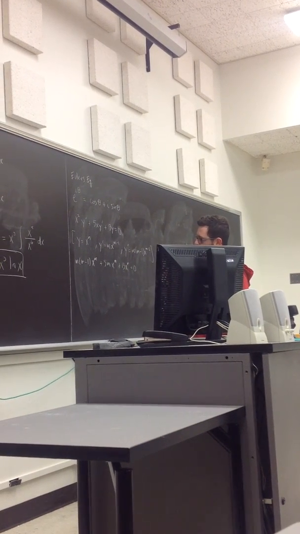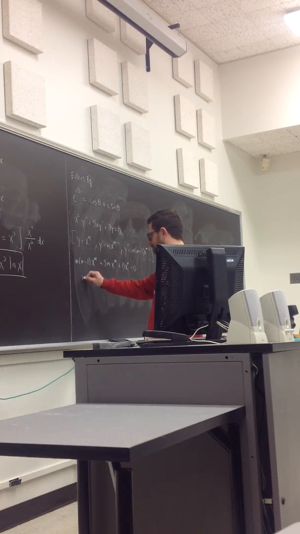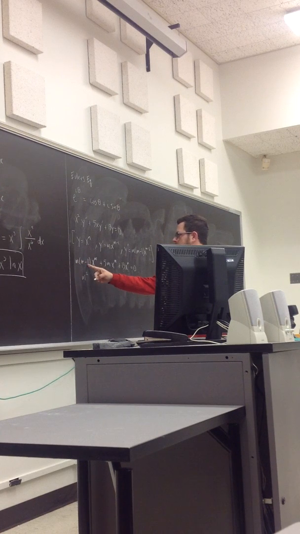Then divide by this common factor of x to the m, and that gives us m squared minus m plus 5m plus 13 equals 0. If you want to use the quadratic formula, this is more easily done by completing the square.